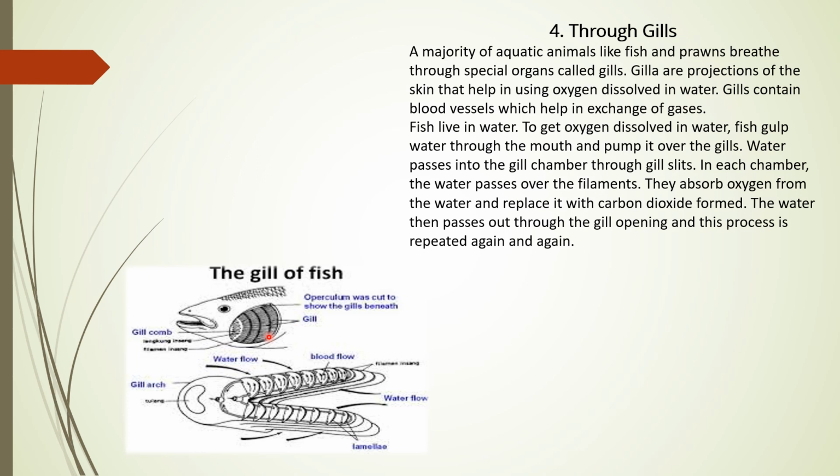Basically, if we talk about the fish, they take the water in through their mouth, and from the mouth they pull that oxygen into the gills. There in the gills there are blood vessels, and these blood vessels help in the exchange of gases, means they take the oxygen and carbon dioxide goes back. So this is the way by which respiration takes place in aquatic animals through the gills.